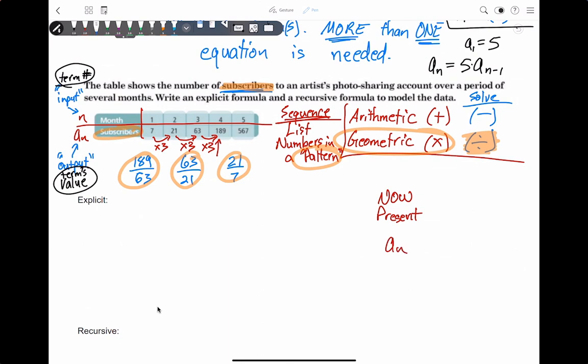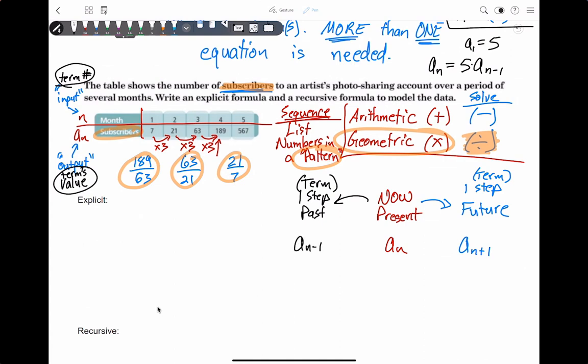One step into the future, one jump or one term into the future, is going to be listed as a sub n plus 1. And last but not least, one step, otherwise one term, in the past, like past, present, and future tense, you're going to have a sub n minus 1.